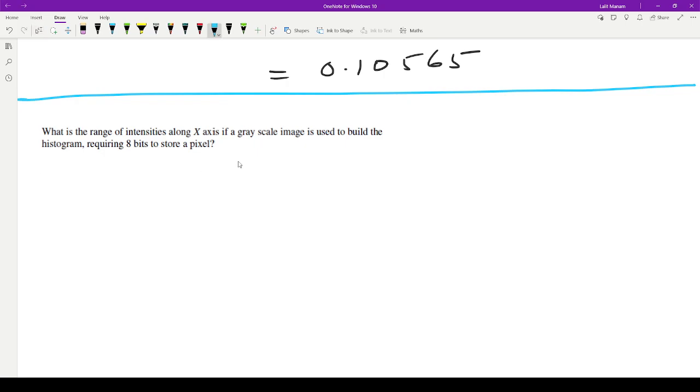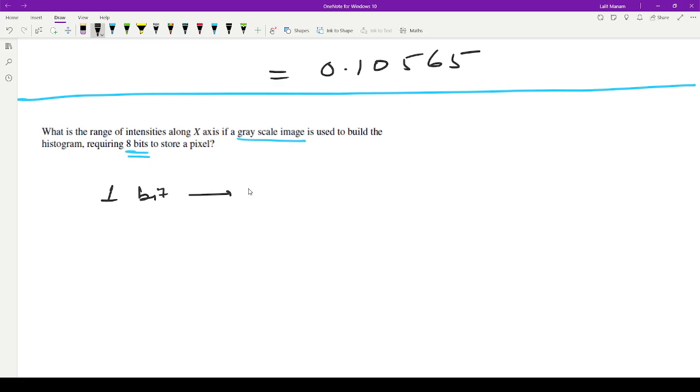You are given 8 bits, by the way. How many different possible values can 8 bits store? 256 combinations. Okay, yeah, that's the right answer.